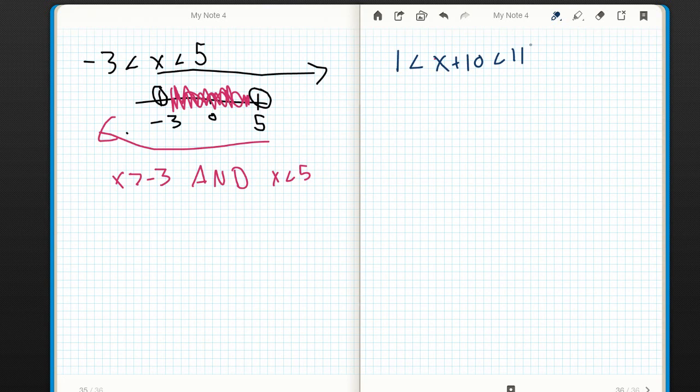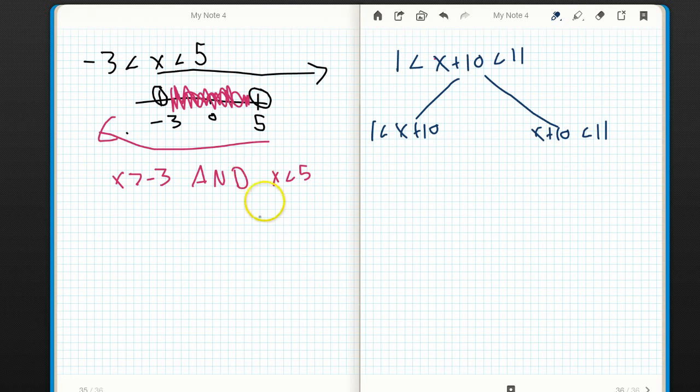I do not like it that way. One way is they subtract 10 from all three sides, and that just gets confusing. So we are going to break this up into two inequalities: 1 is less than x plus 10, and x plus 10 is less than 11.